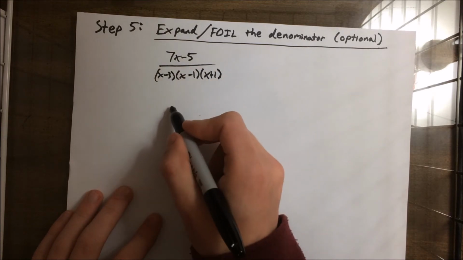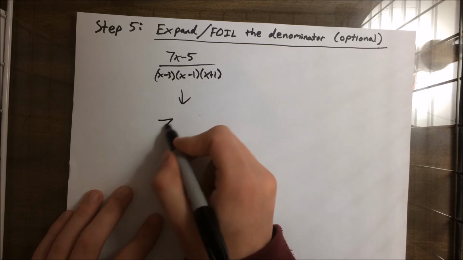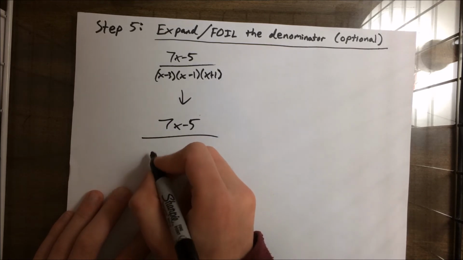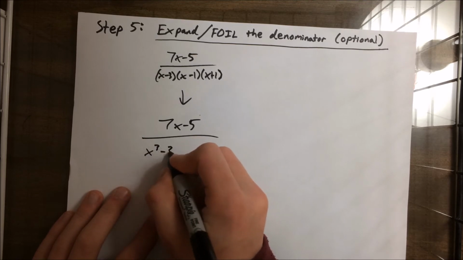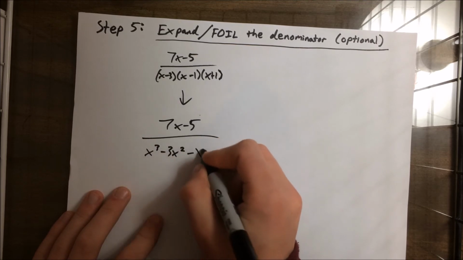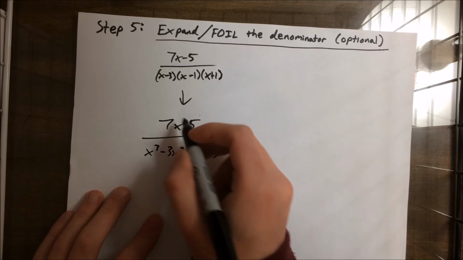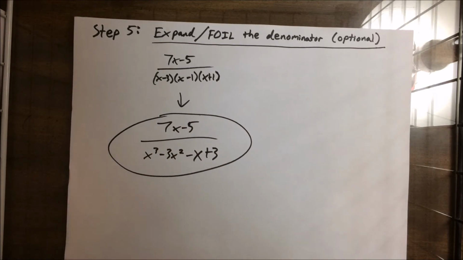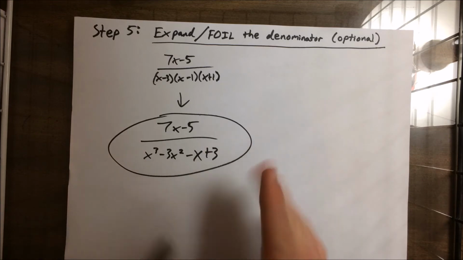And we're going to multiply that out and get 7x minus 5 over x cubed minus 3x squared minus x plus 3. So this is your final answer if your teacher requires you to FOIL the denominator or expand the denominator.